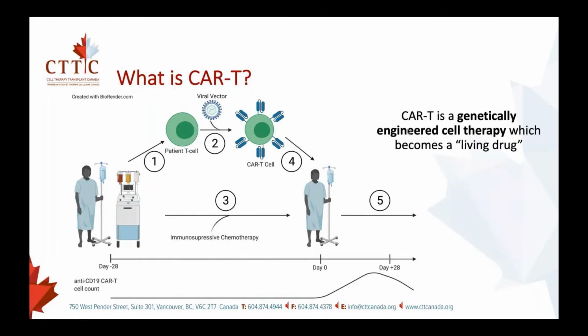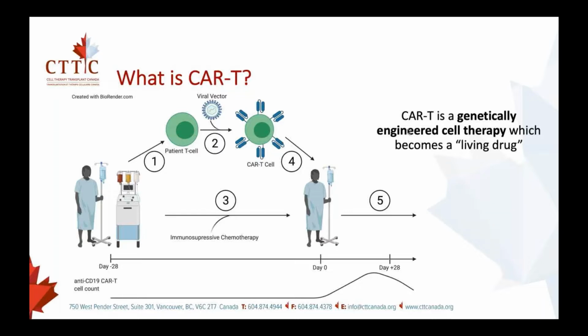It basically can get into that cell once, but it's what we call replication incompetent. Then this new gene gets into those cells, and we expand those cells in the lab over a number of days to weeks, and then infuse those back into a patient.